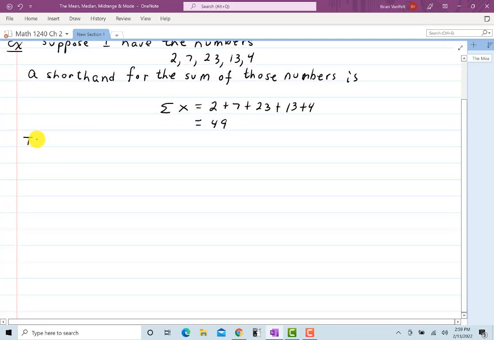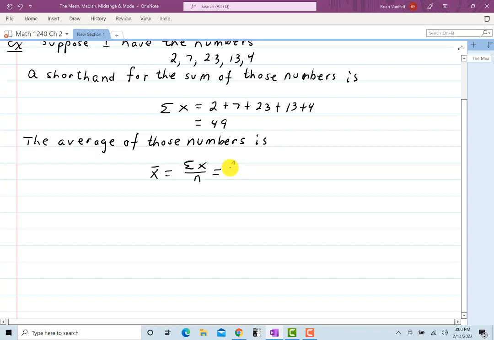Then if I want to find the average of those numbers, we would write it with an x with a bar over it, and that would equal sigma x divided by n, where n is the number of items that we have.